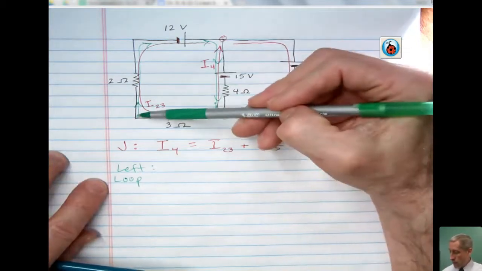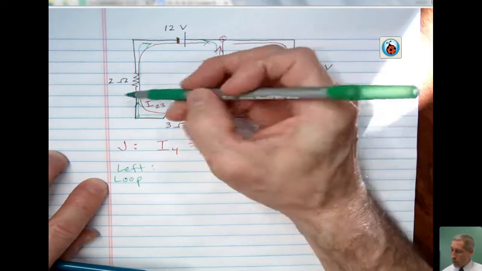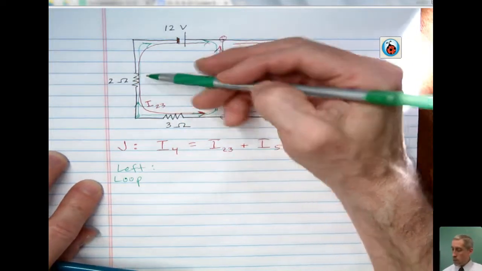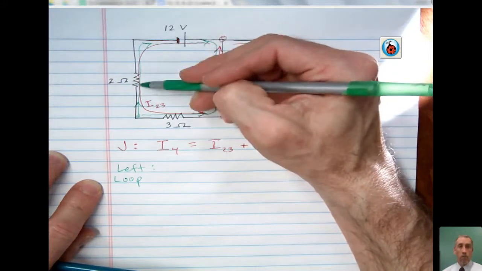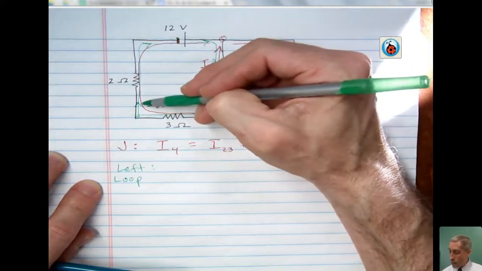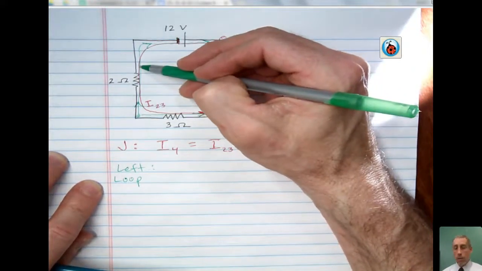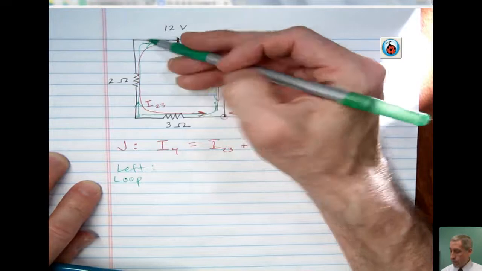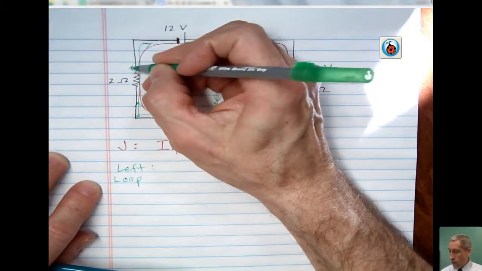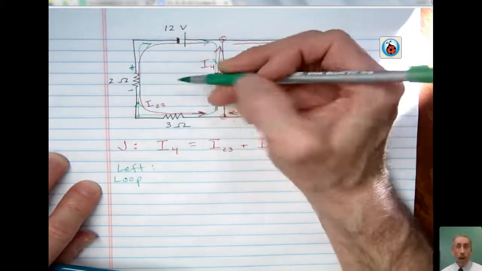Heading this way, clockwise, the first thing I run into is this resistor that has current running through it. Now notice the current is running downward. The way I drew this current, the red arrow is pointed downward, but I'm going in the other direction. So that means the way I've got this drawn, I would have a higher potential at the top part of this resistor than I would have at the bottom.